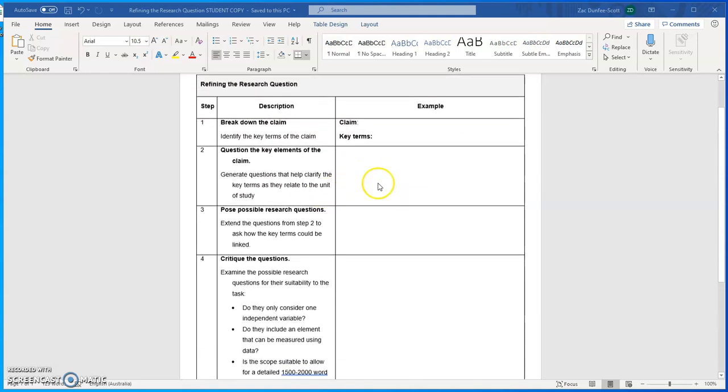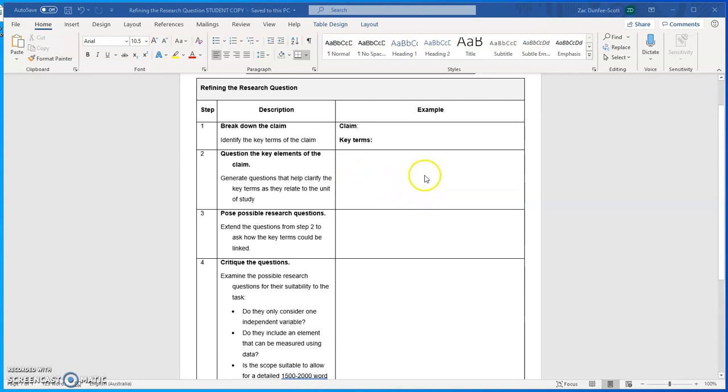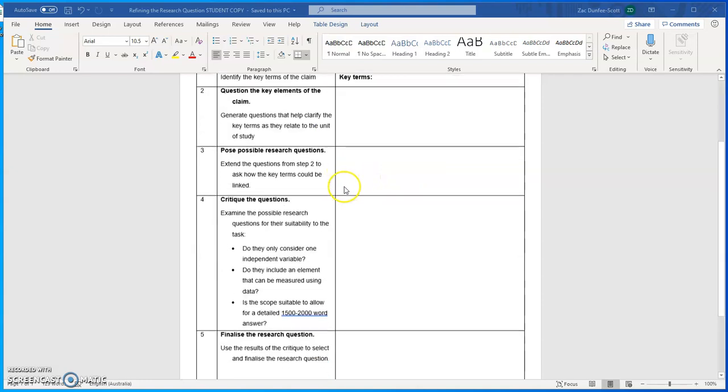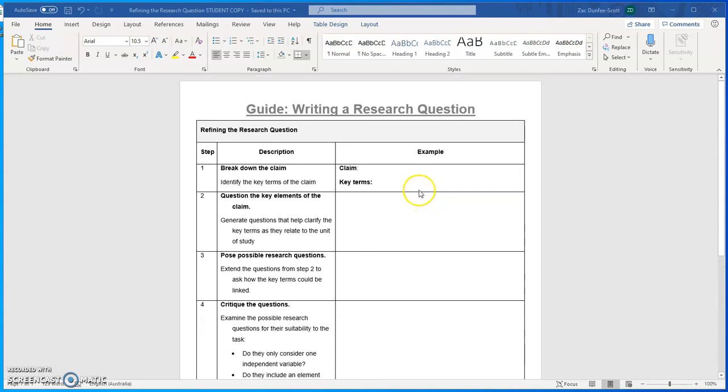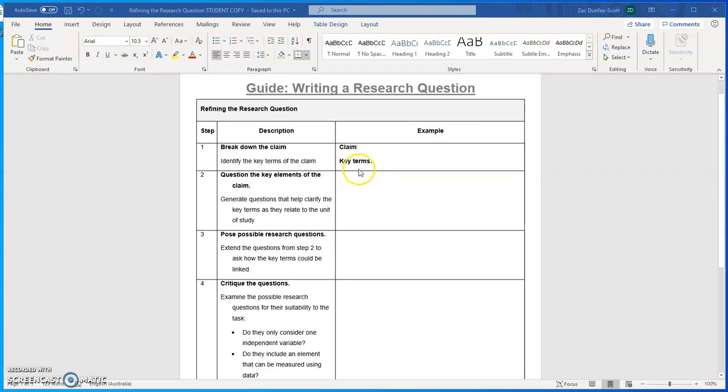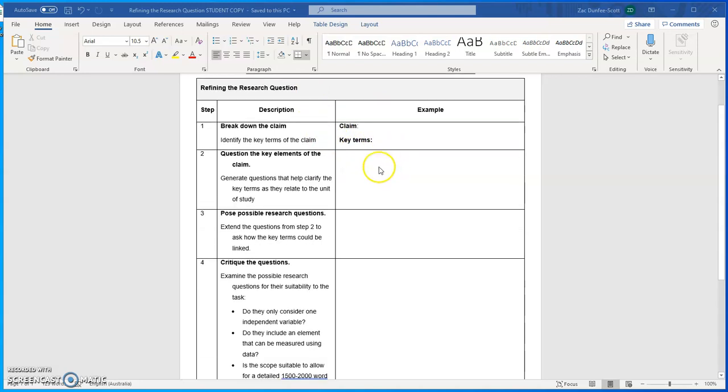I want this to be a progress report draft style thing, where on Friday this week I ideally want everyone to have a finalized research question done with their main piece of evidence ready to go, so we can start analyzing our evidence.